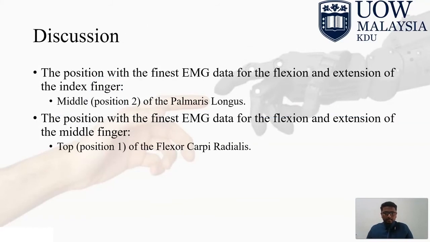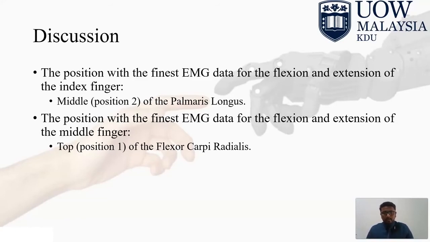Alright, so therefore, based on the 3 positions that were taken, top, middle, and bottom, for both palmaris longus, which is for the index finger, and for the flexor carpi radialis for the middle finger, it can be determined that the position with the finest and the highest EMG data, we will start off with the index finger.